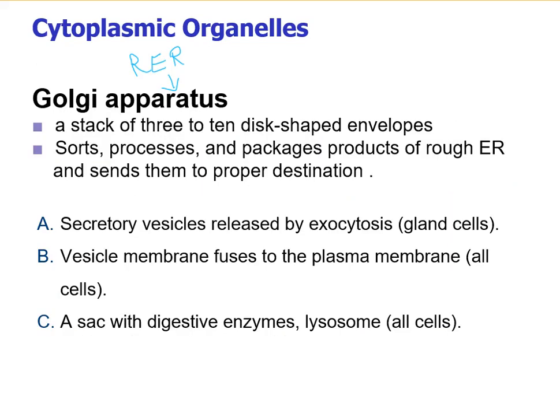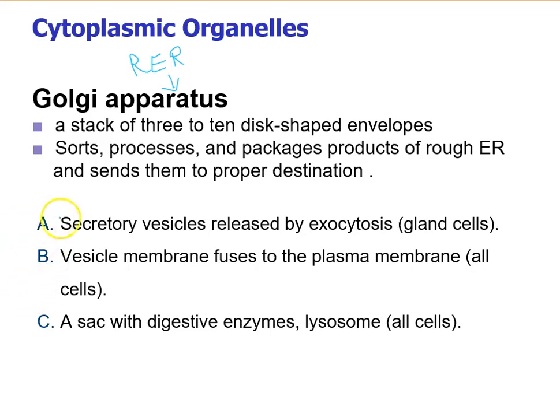Or simply we can say the Golgi is like the cell's post office. When the Golgi apparatus gets product from the rough endoplasmic reticulum, it processes and packages them. Then these packages are sent to their proper destination in the cell.